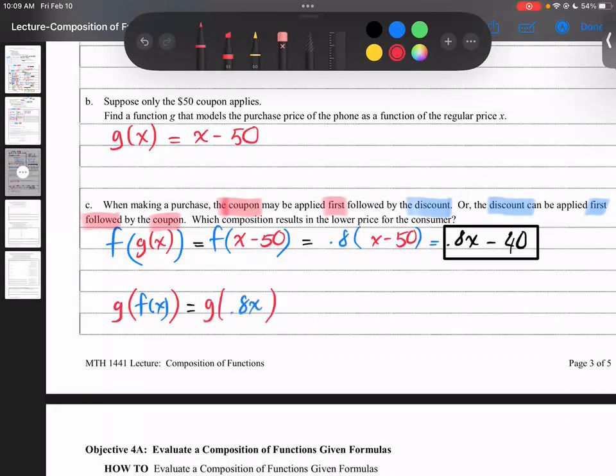And now you're going to plug that 0.8x into g. So g is blob minus 50, and the blob will be 0.8x. And then your final answer will be 0.8x minus 50.